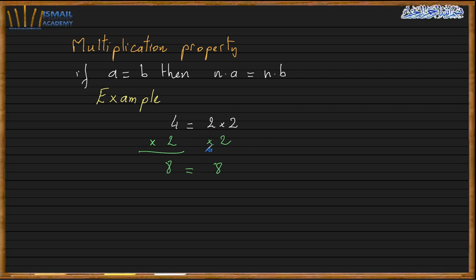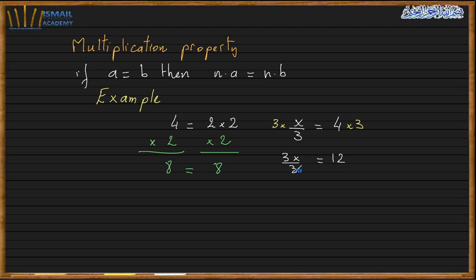You see, still equal. Or if I have, for example, x over 3 equals 4. So if I multiply both sides by 3, here what happened? You have 3x over 3 equals 12.